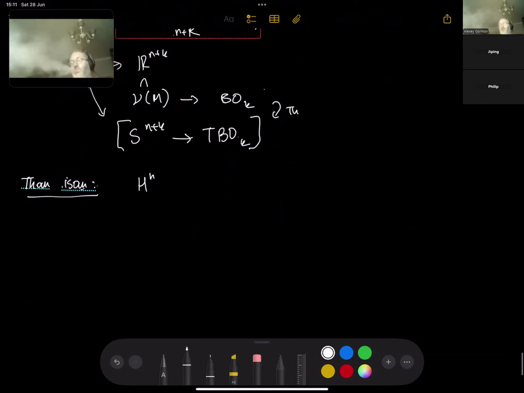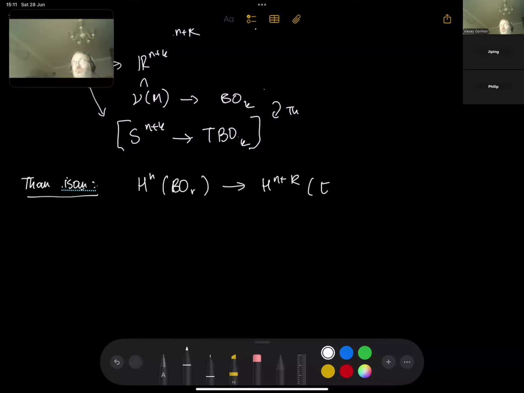So the Thom isomorphism goes from H^*(BO_R) to H^(n+R)(E, E_0), which is the same as the reduced cohomology of the Thom space.